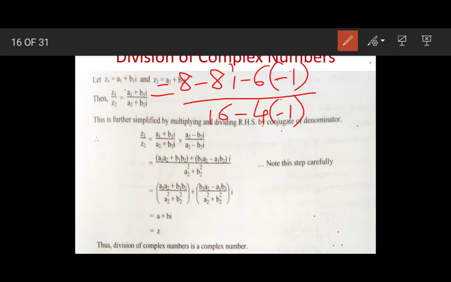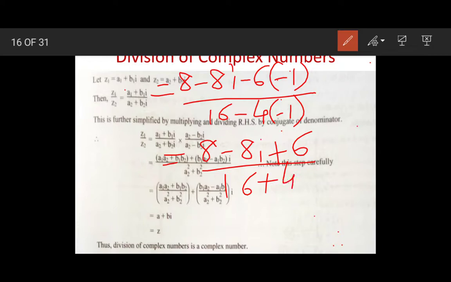Now that is equal to 8 minus 8i, then minus minus will be plus 6, upon 16 plus 4. So that is equal to 14 minus 8i upon 20.